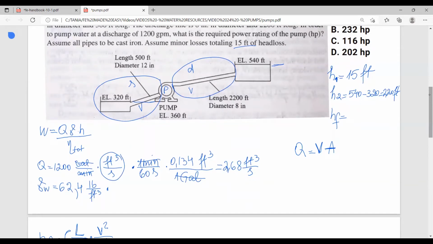Let's go and calculate the areas for each pump line. At the suction, we have a diameter of 12 inches, which means our area is going to be equal to pi, and we'll transform this into feet, 1 squared over 4.